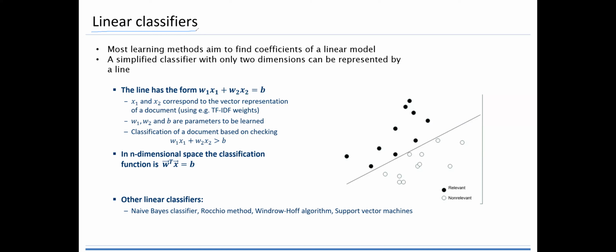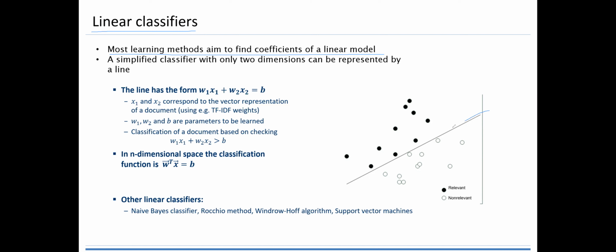In the domain of data mining, we know that linear classifiers can be used to distinguish the two classes. Most learning methods aim to find the coefficients of a linear model.